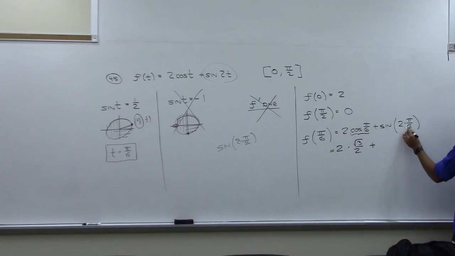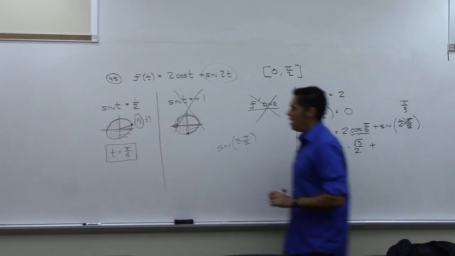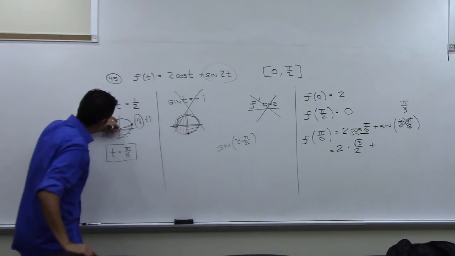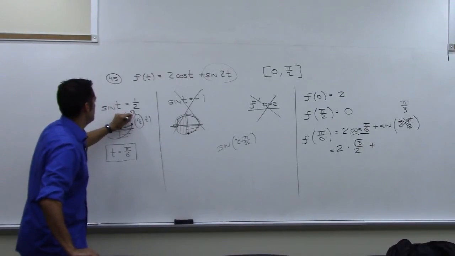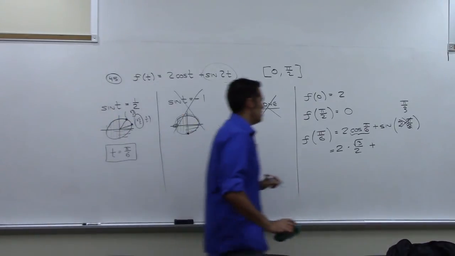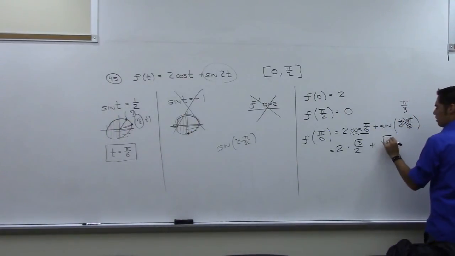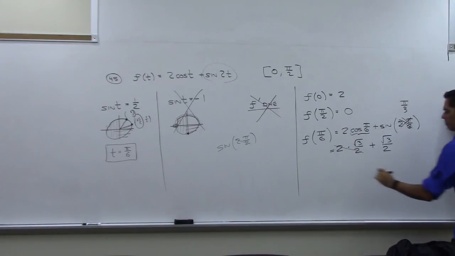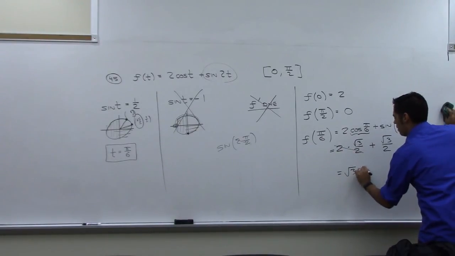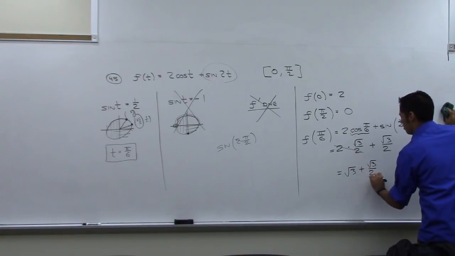Plus, now be careful, 2 times pi/6, the 2 and the 6 reduce out. This is really going to become a pi/3 in here. I want to know what sine of pi/3 is. So pi/3 is here, and sine is the y coordinate, which is √3/2. So this is also going to be √3/2. These 2's cancel, and you just get √3 plus √3/2.